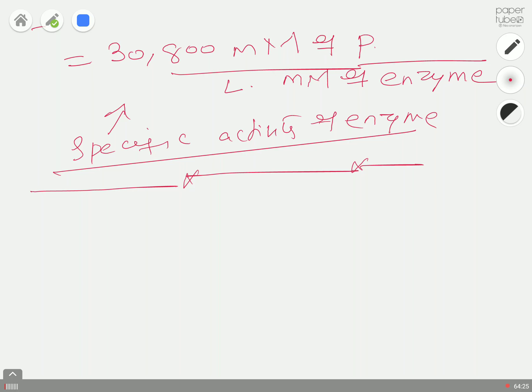And then I will also talk a bit about the stability of the enzyme, and then I will try to derive the Michaelis-Menten expression. That's a very important expression in bioprocess engineering.